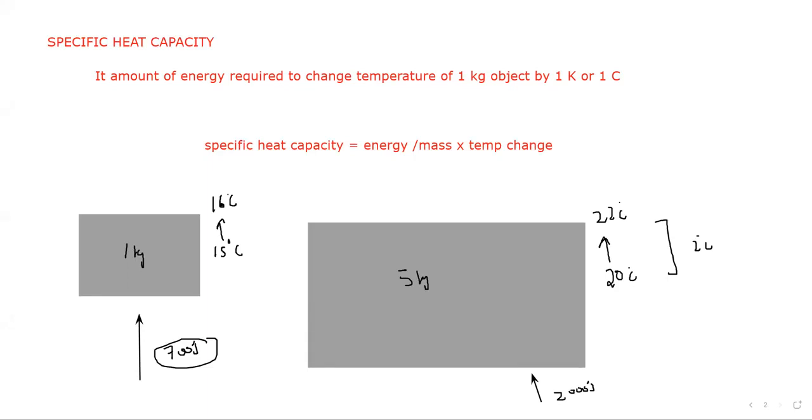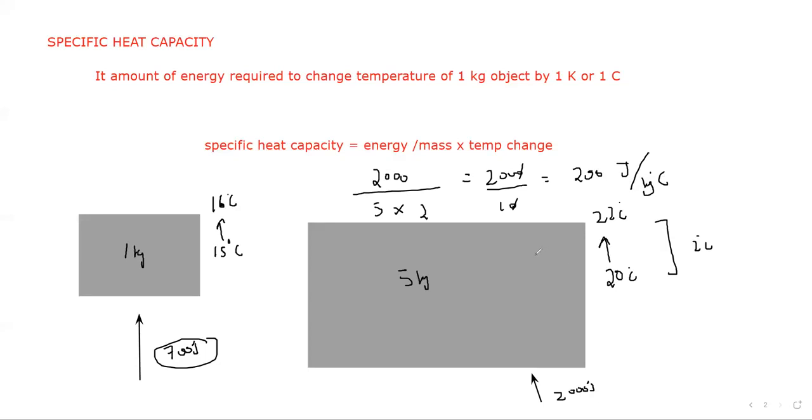So 2000 is not the specific heat capacity. 2000 is for 5 kilograms and for a 2 degree change in temperature. But we need it for each kilogram and for a 1 degree change in temperature. So the energy is 2000 divided by the mass, which is 5, divided by the change in temperature, which is 2. So 2000 divided by 10 comes out to 200 joules for each kilogram and for every 1 degree change in temperature.